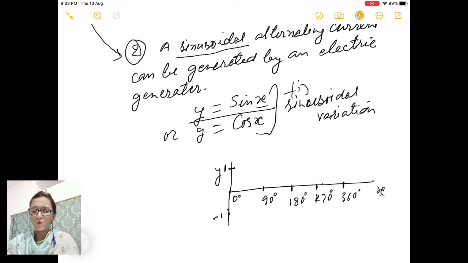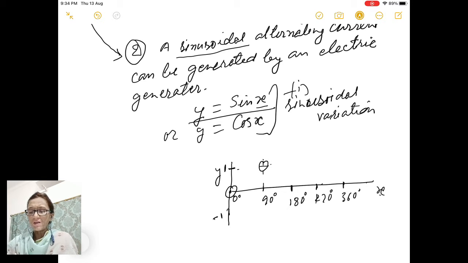So sin 0 is equal to 0. Here you have one value of y. Sin 90 degree is equal to 1. So at 1 you will have another value of y. Sin 180 degree is again 0. So you have 0 value of y at 180 degree.